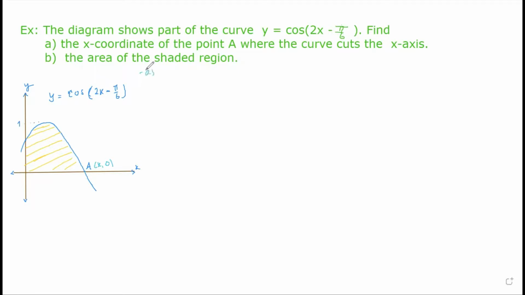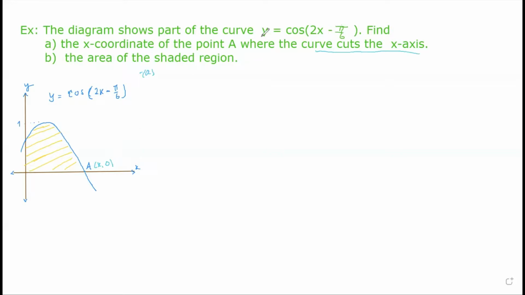To find question A, the x coordinate of the point A, they say this curve, y equal to cosine of 2x minus pi over 6, cuts the x-axis. So we know y equal to 0.